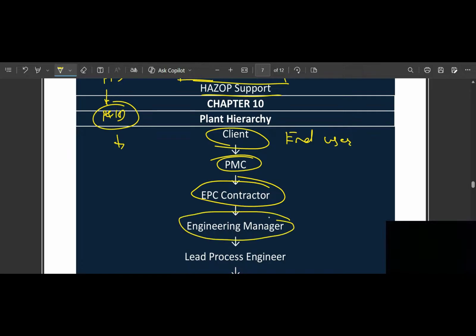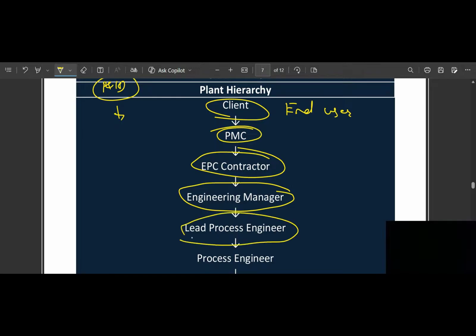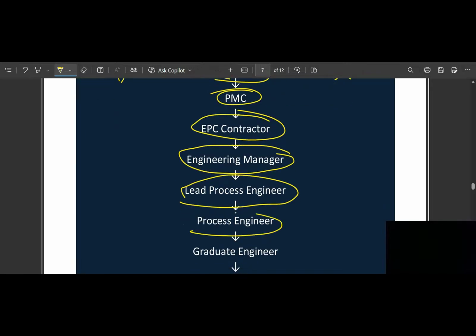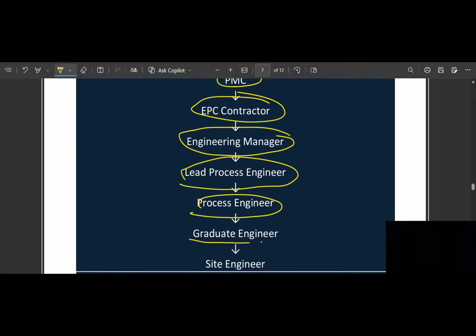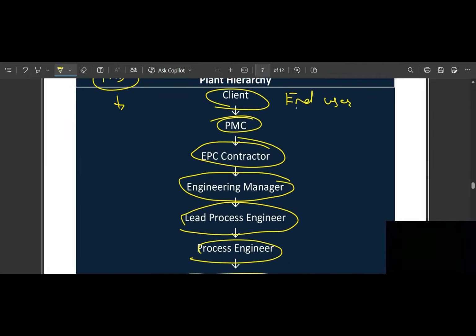Then engineering manager, lead process engineer, and then GET, graduate engineer trainee, and site engineer. Okay, so your project starts from the client. If an end user wants to establish a new industry, okay, so that one is a client.